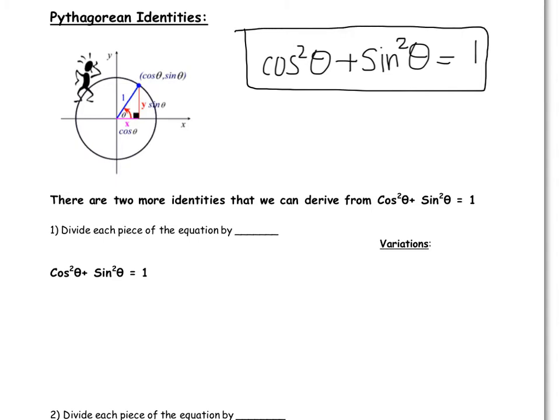And if we wanted to, we could solve this equation here for, say, cosine squared. So this is going to be a variation. So if I wanted to solve for cosine squared, what would I do? Well, I need to get rid of this sine squared. How would I do that? Bring it over and subtract it. So cosine squared of theta is equal to 1 minus sine squared of theta.